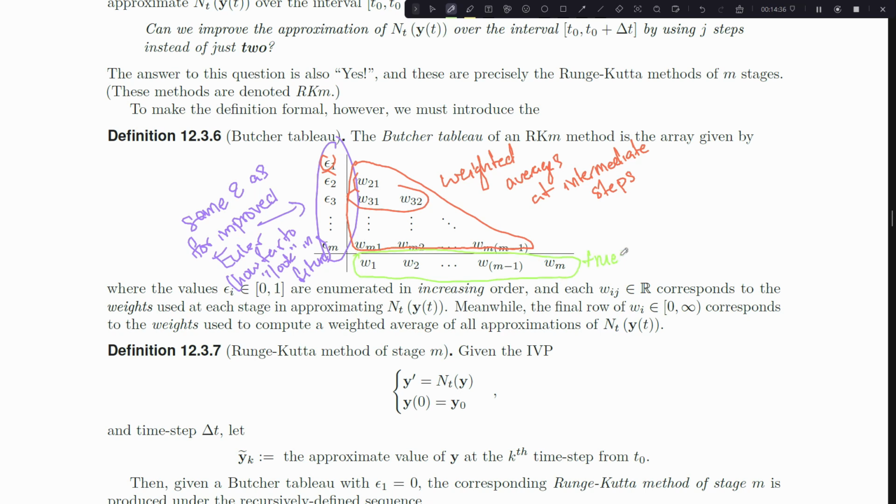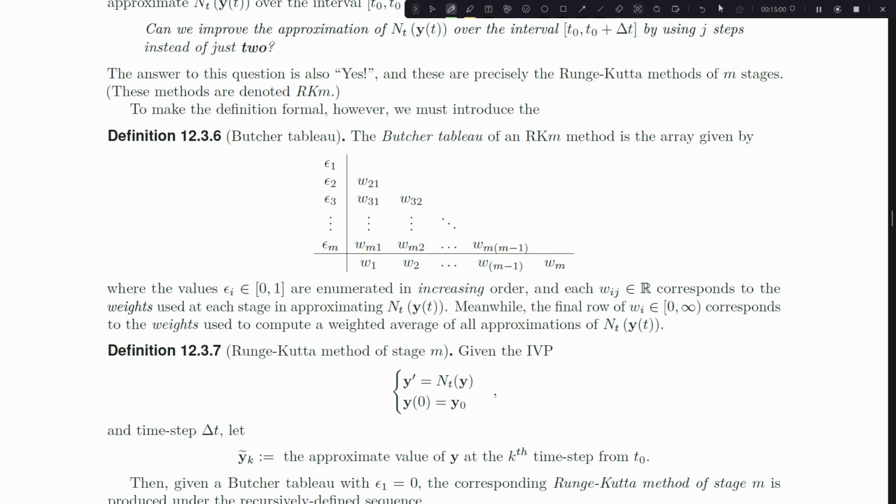So this is the true weights for the final time step, which is like y_k+1 equals something which depends on y_k, right? So that very last time step where you're producing y_k+1, that's what the bottom w's are coming from. But that's just a way of representing these constants.